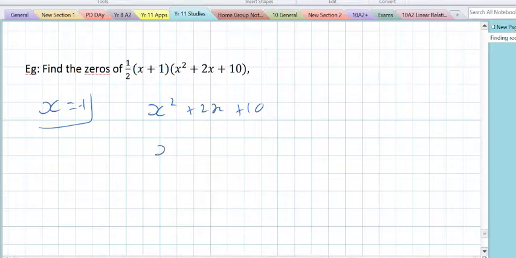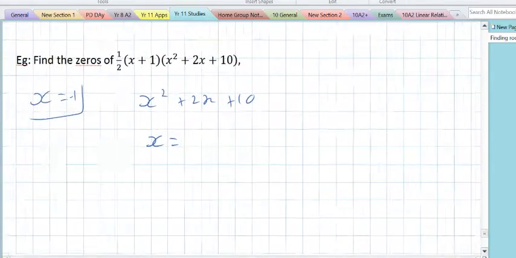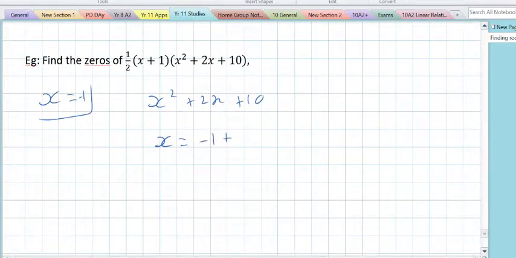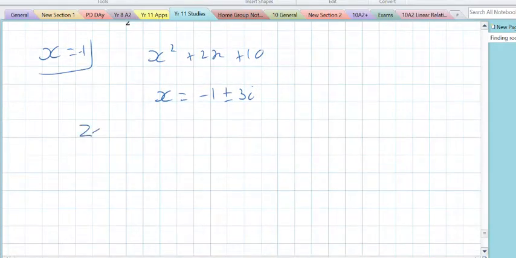And they were x equals minus 1 plus or minus 3i. So we can say that the roots, or zeros, are equal to minus 1 plus 3i and minus 1 minus 3i. No, you're right. Minus 1 plus or minus 3i will get you both of them.